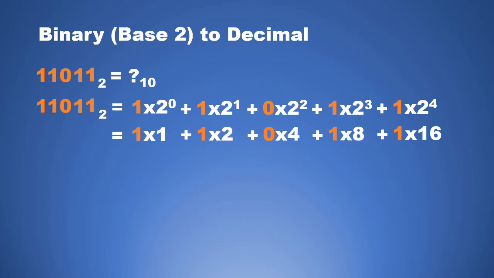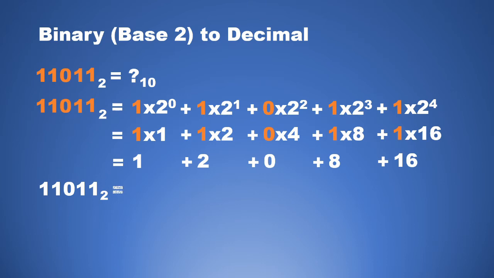Okay, we'll continue. We'll get the product of each term. So 1 times 1 is 1. 1 times 2 is 2. 0 times 4 is 0. 1 times 8 is 8. 1 times 16 is 16. We then calculate the sum of these values. 1 plus 2 plus 0 plus 8 plus 16.